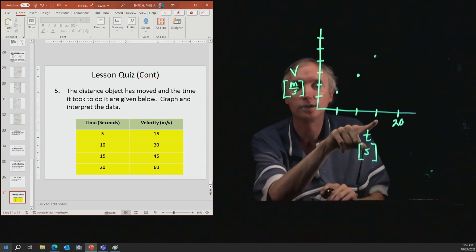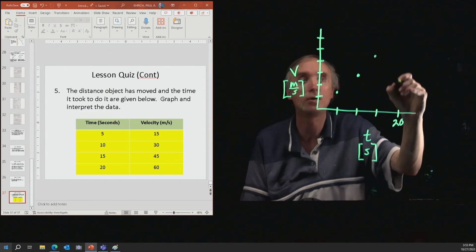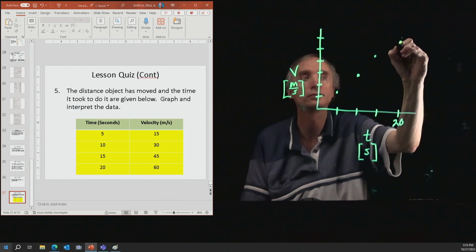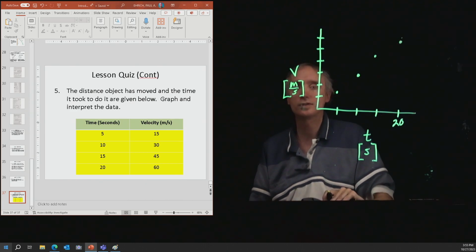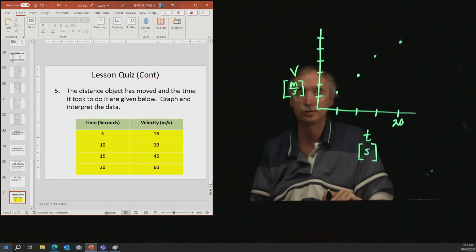And then finally we're going to have 20, and that needs to go all the way up to 60 up here.